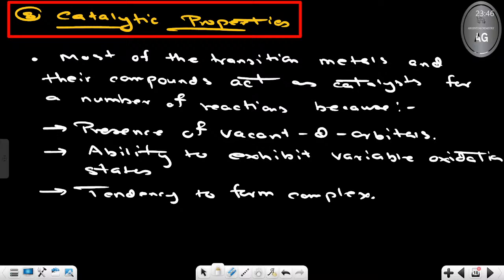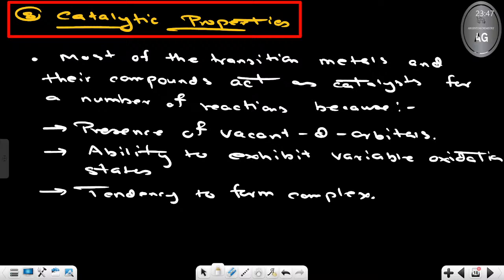So if my catalyst can form an unstable complex, which is an unstable intermediate of that particular reaction, because we don't need that as a product, it is an intermediate, then the activation energy for that will be lesser because it is unstable. If it is stable, it will have a higher activation energy. If it is unstable, it will have lower activation energy. So I can go through that path.